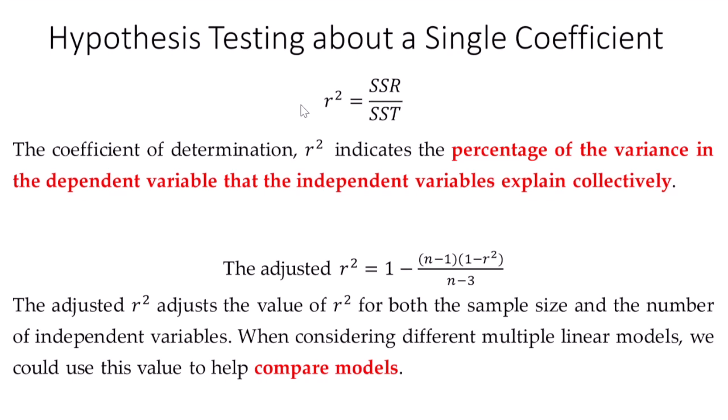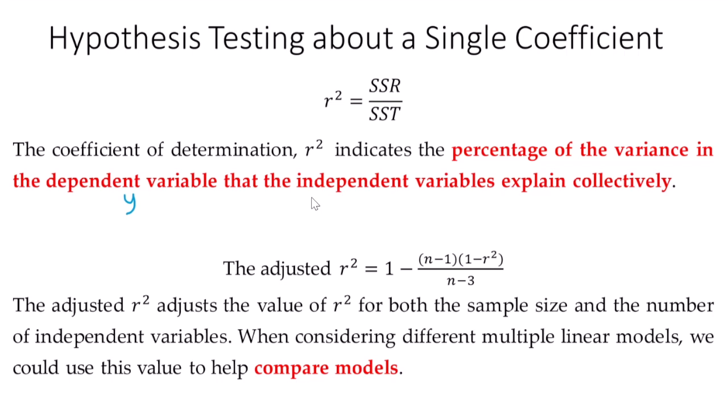Two of the most important values in the multiple linear regression model are the coefficient of determination, or the R-square, and the adjusted coefficient of determination, or the adjusted R-square. What R-square does is it indicates the percentage of variance in the dependent variable, or y, that is explained by all of the independent variables in the model.